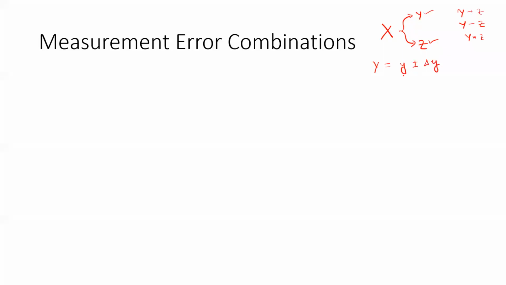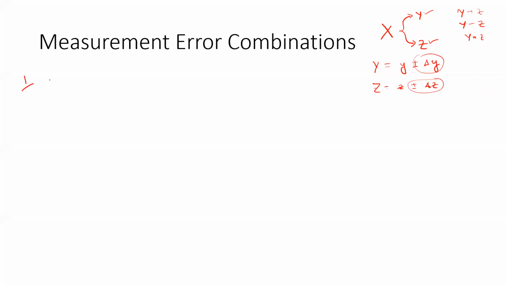So here the small y represents its true value, and plus minus delta y represents the absolute error in y. Similarly for z, this small z would represent its true value, and delta z would represent the absolute error present in z. So these are very simple configurations actually.